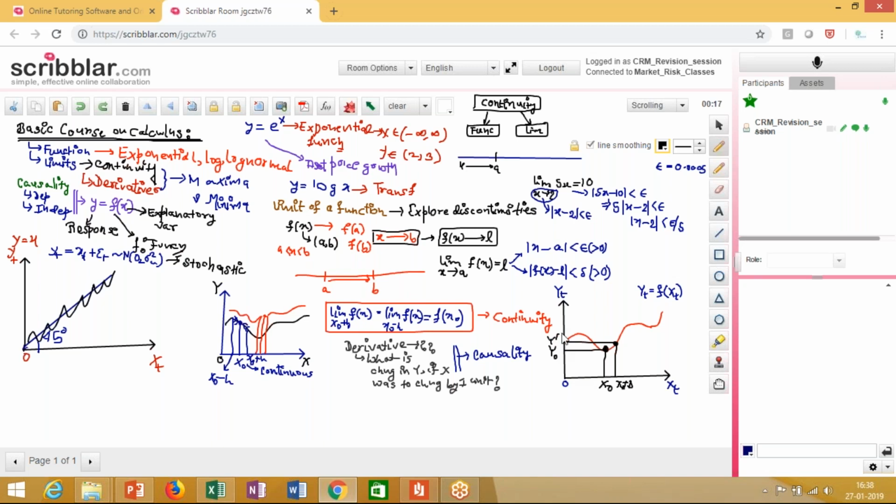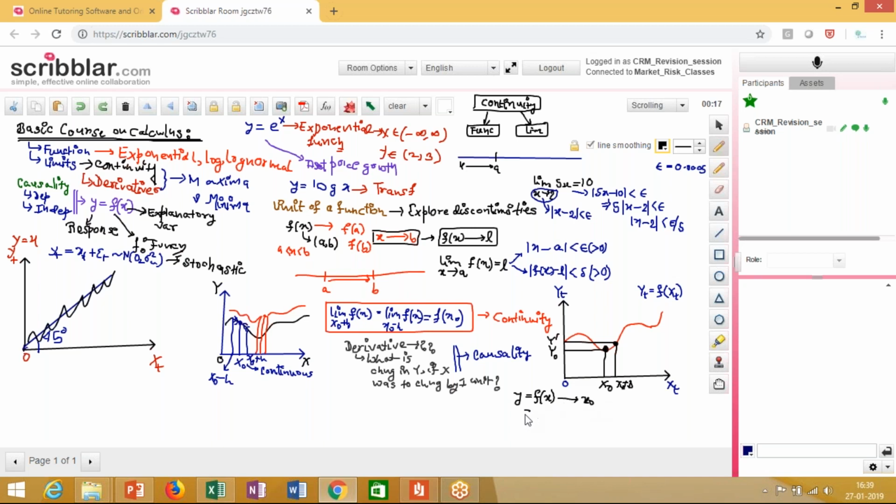So how do you find the derivative? Let's say I have a function, y equals f(x). This is a basic function, any function. Now x was initially defined at x0.